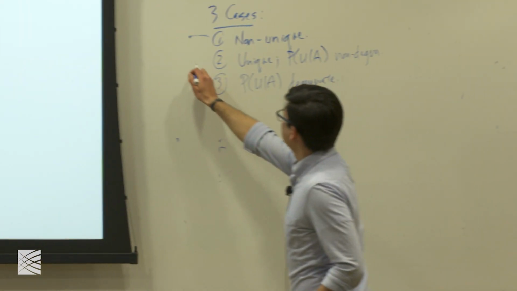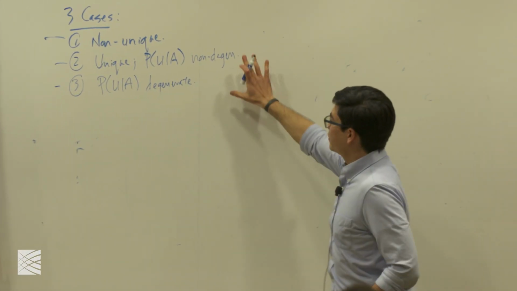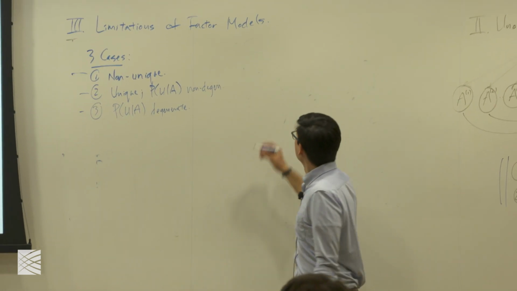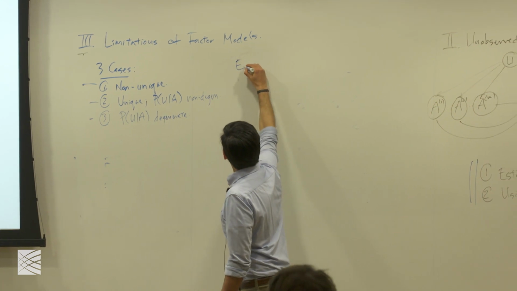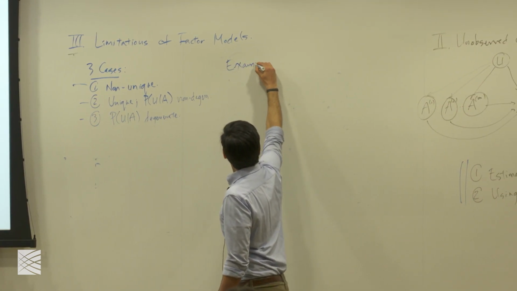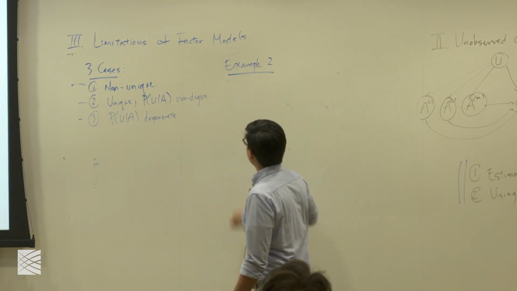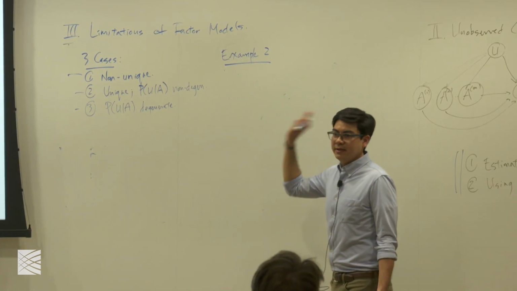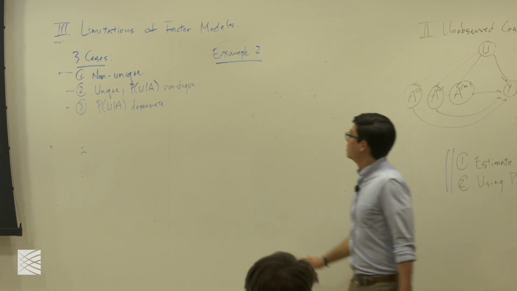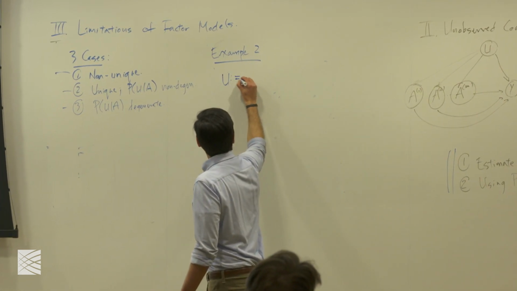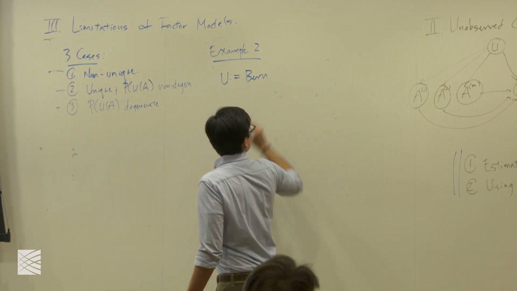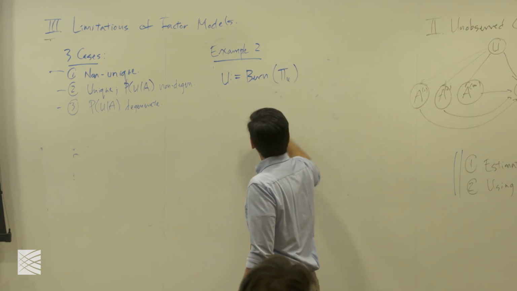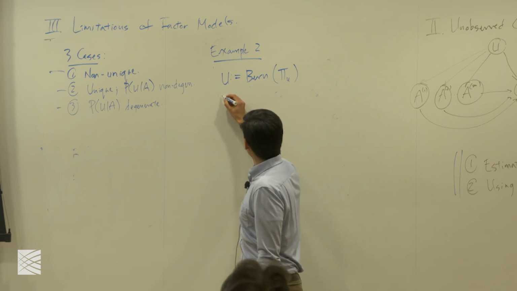So now let's think about the case where maybe we're in a world where we actually think that we have a factor model that's unique. So this is example 2. This is the other canonical causal inference example, where instead of having everything be Gaussian, we now have everything be binary. We're going to think about our latent variable u as being generated Bernoulli with some probability pi u.